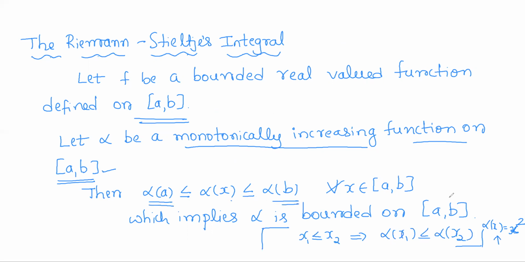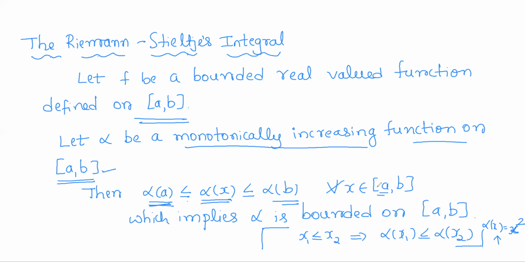As it is monotonically increasing, the values of the function should increase from alpha of a till alpha of b, because a is the first point, so alpha of a is the first function value. As it has to increase, if we consider any other point alpha of x, it will be greater than or equal to alpha of a, because this is the first value, and the function value will gradually increase from alpha of a till alpha of b.